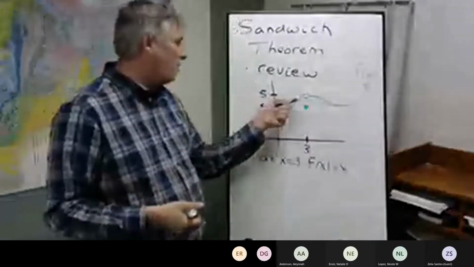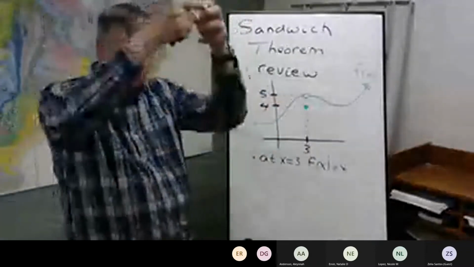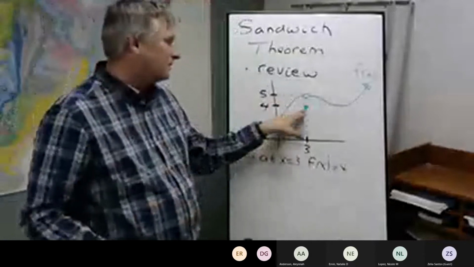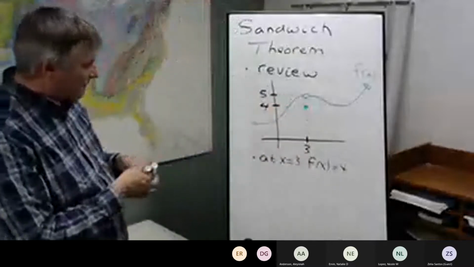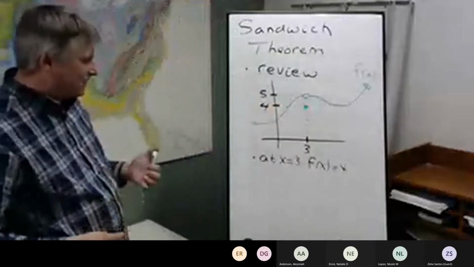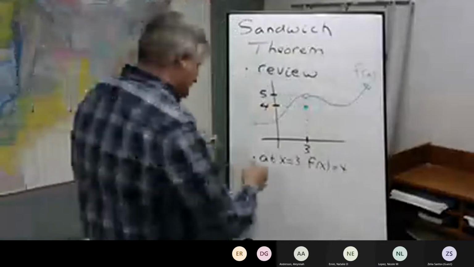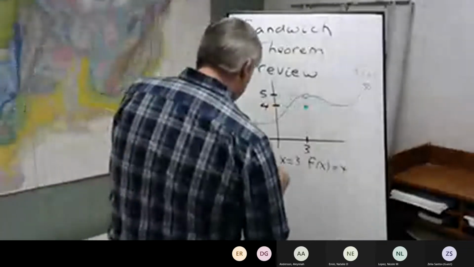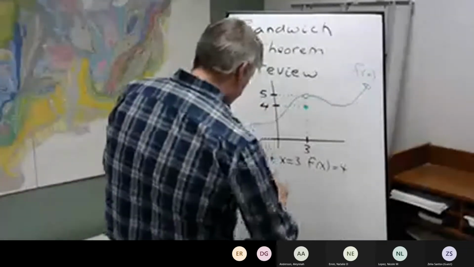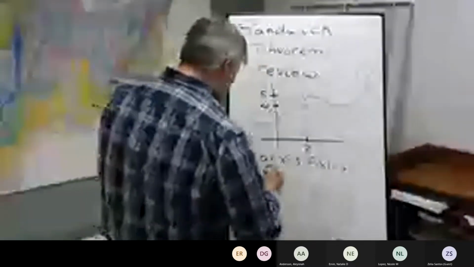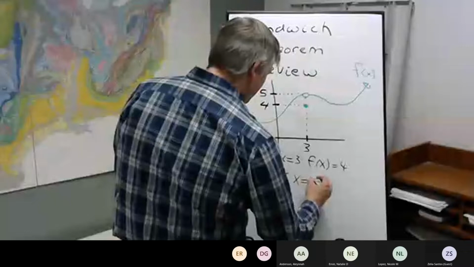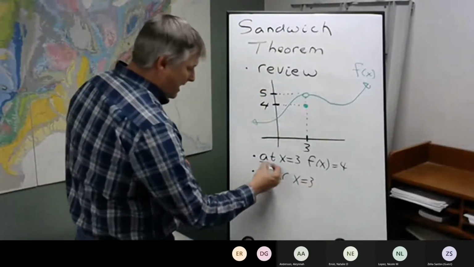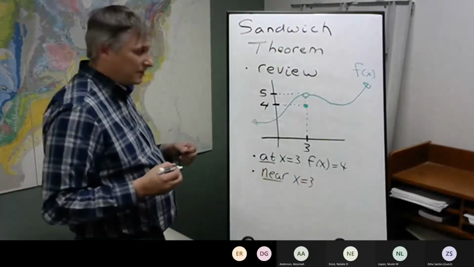What we've got is a hole here, and then a little part of that hole dropped down, and we've got this right here. So at x equals 3, f of x is equal to 4, but near x equals 3.